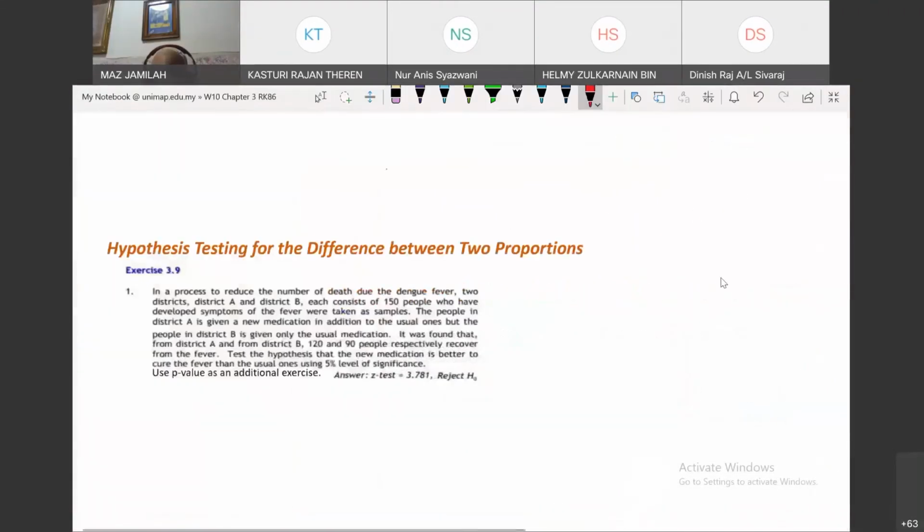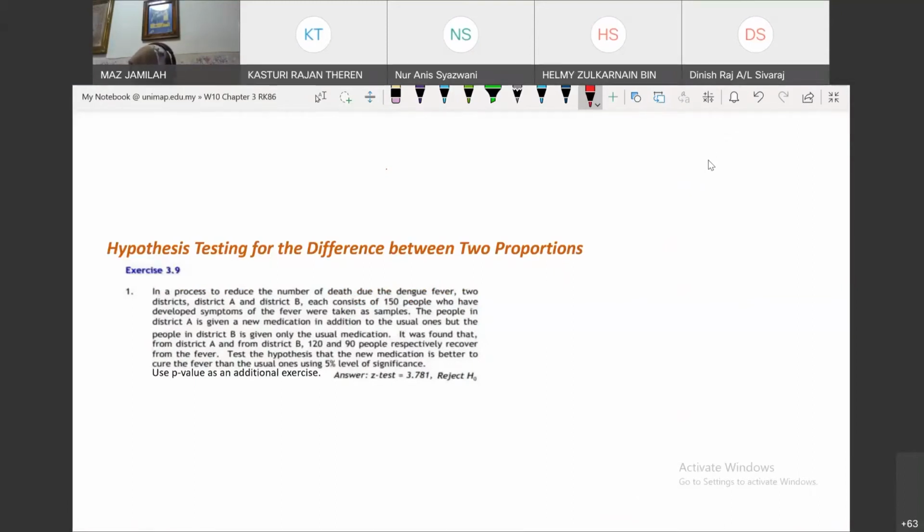Now, exercise 3.9. In a process to reduce the number of deaths due to dengue fever, districts A and B, each consisting of 150 people who have developed symptoms of fever, were taken as samples.